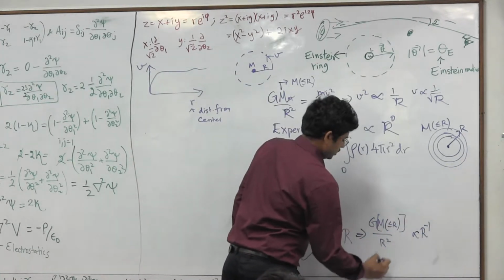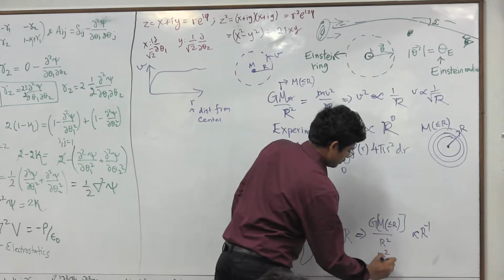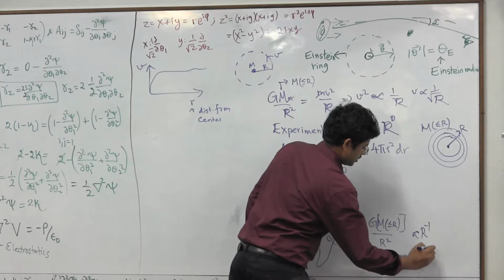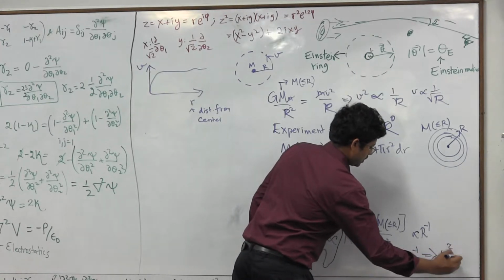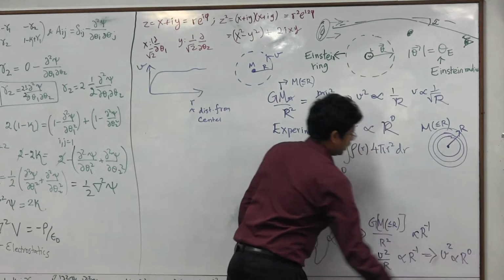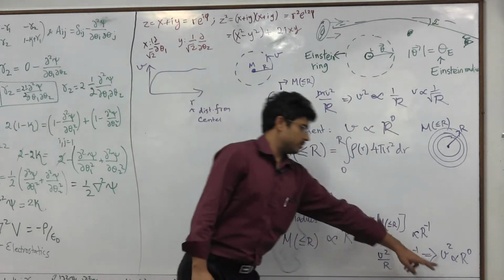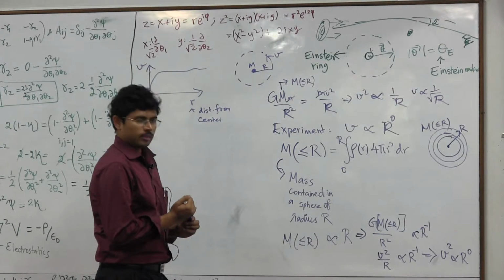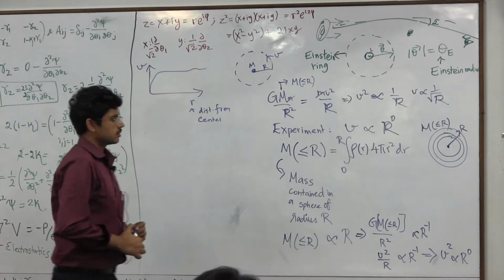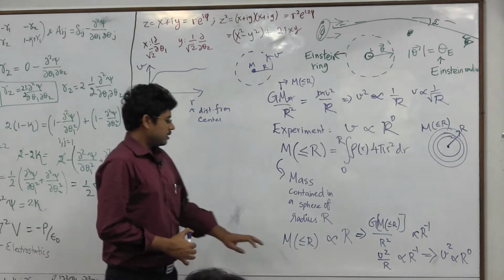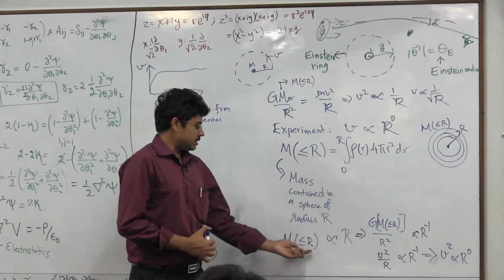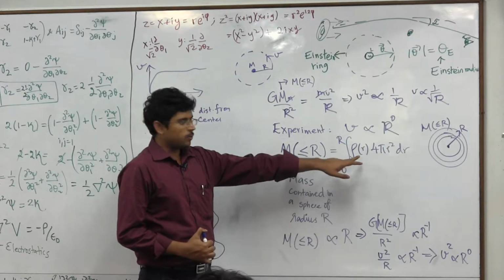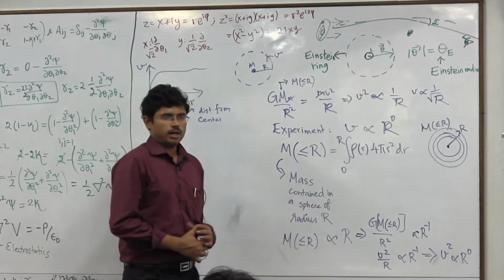But we also know that this is the same as v square by r, which goes as r power minus 1, which means v square is independent of r. So independent of r is what I meant by r power 0. So if the mass within a sphere of radius r should go as r, then what does it tell about rho of r?